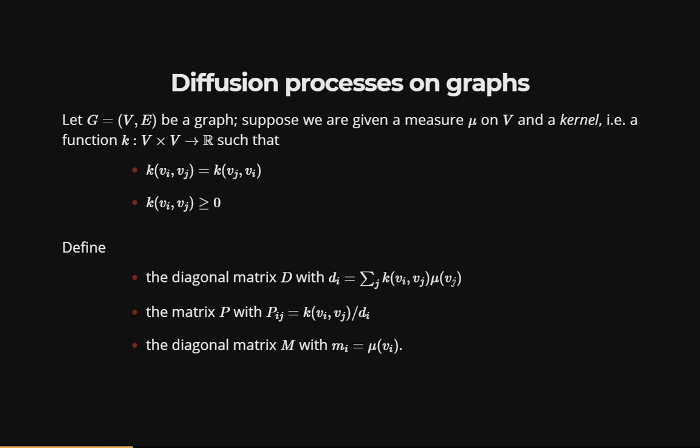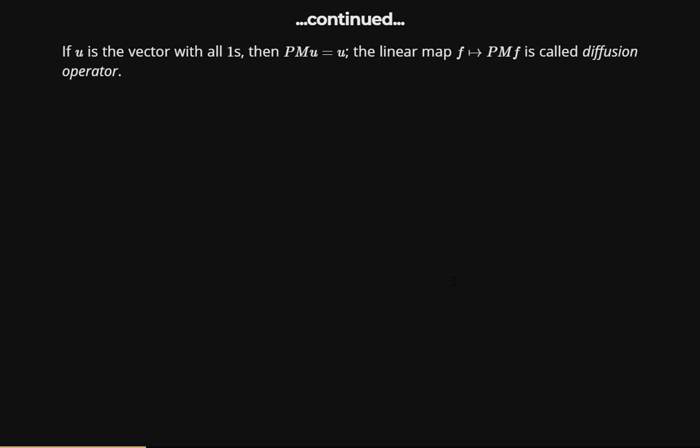And then the matrix representing the measure, the matrix M, which is diagonal, and on every entry of the diagonal you have the measure of the ith vertex of the graph. If we consider the vector U with all ones, the constant function 1 on the graph, then U is an eigenvector of PM. You can write it down and it works.